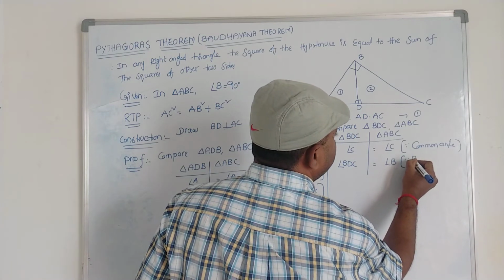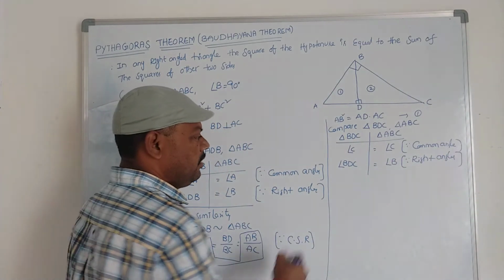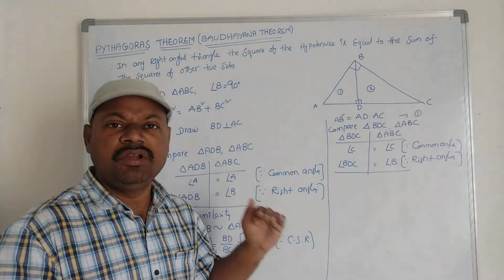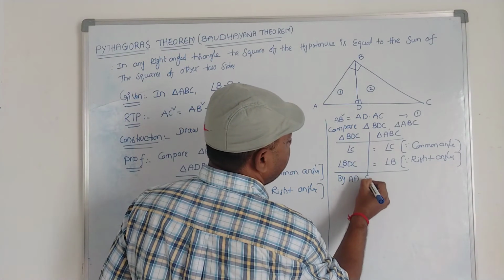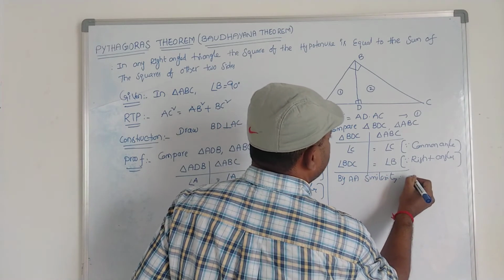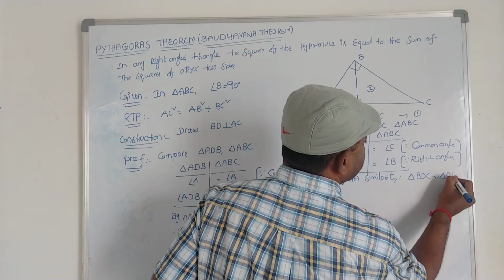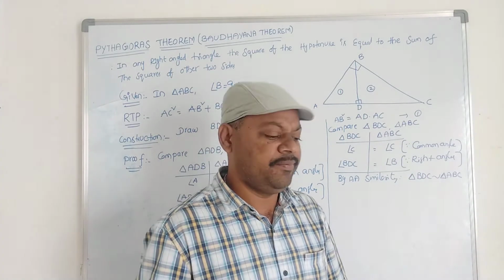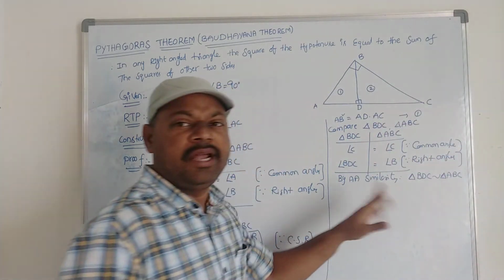Since the right angles are equal, by AA similarity, this is the first A and this is the second A. So by AA similarity, triangle BDC is similar to triangle ABC.